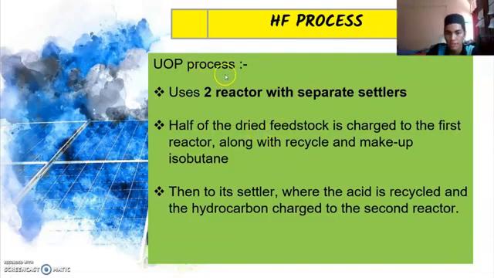The UOP process is different from the Phillips process because the settler is separate from two reactors. Half of the dry feedstock is charged to the first reactor along with recycle and make-up isobutane. Then it goes to the settler, where the acid is recycled and the hydrocarbon is charged to the second reactor.